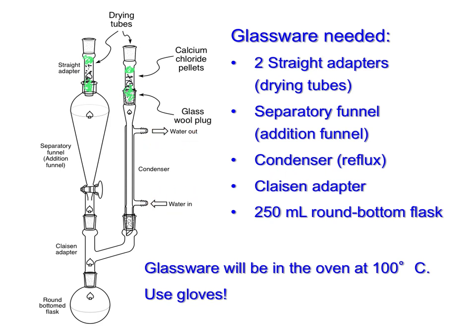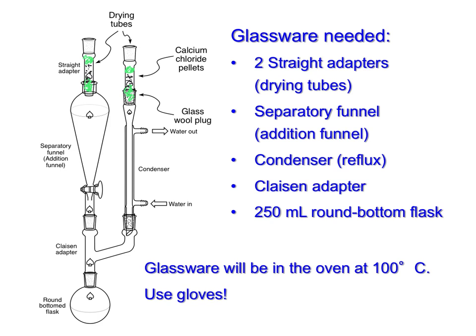We will use the Claisen adapter, this Y adapter, so that we can have 2 things attached to our round bottom flask. Then we'll use a relatively large round bottom flask, pretty large for the volumes we're using. We're only going to be using about 50 to 75 milliliters, if I remember correctly. So it will be pretty shallow so that we have lots of surface for evaporation and for distillation.